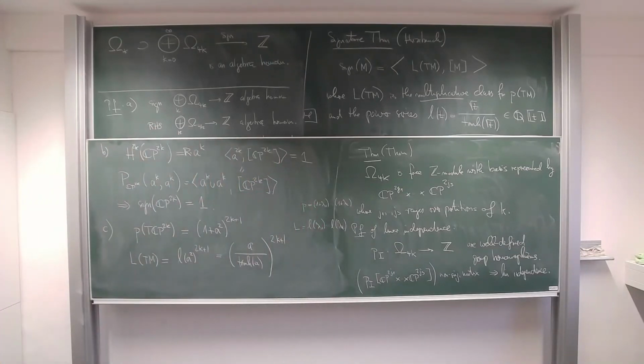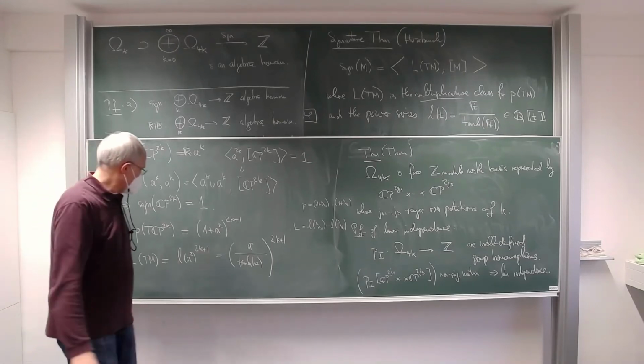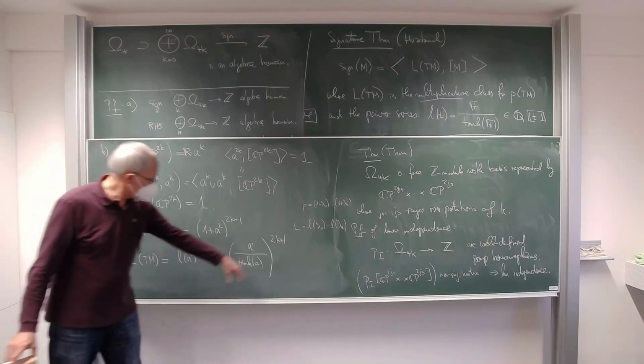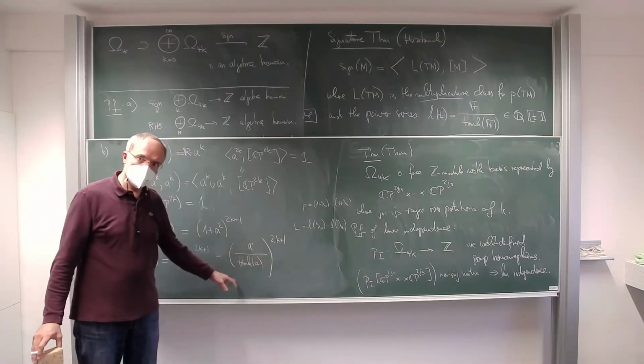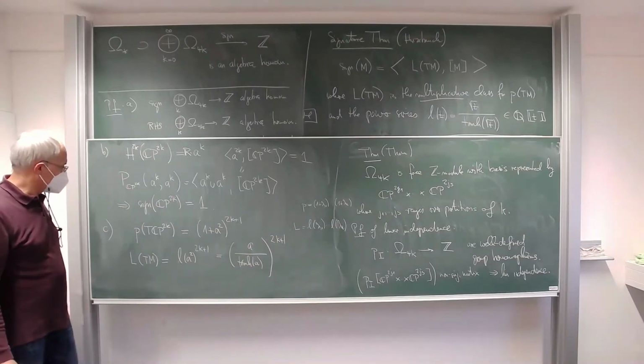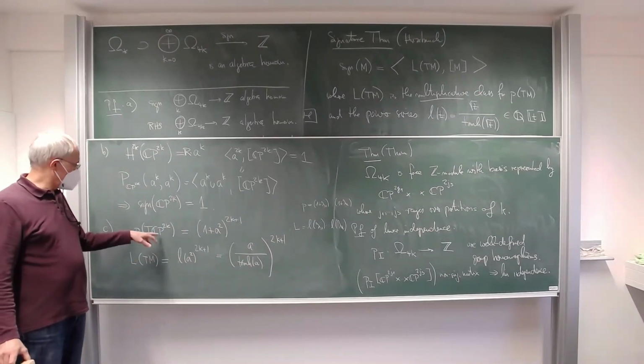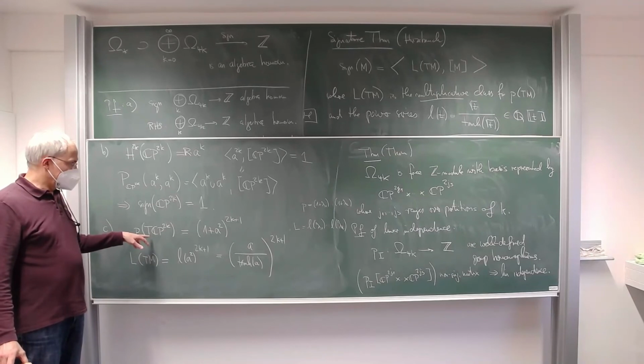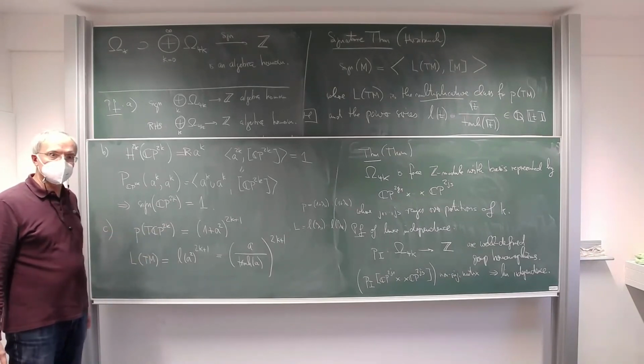That's the cohomology class. But then we want to integrate over the manifold, and what will happen then? Well, integrating over the manifold will single out, so that's some power series in a, and it will single out the coefficient of degree 2k.